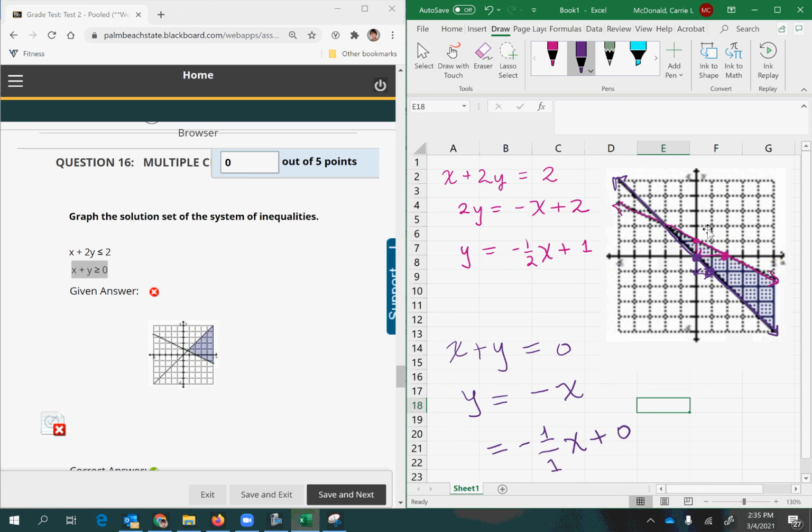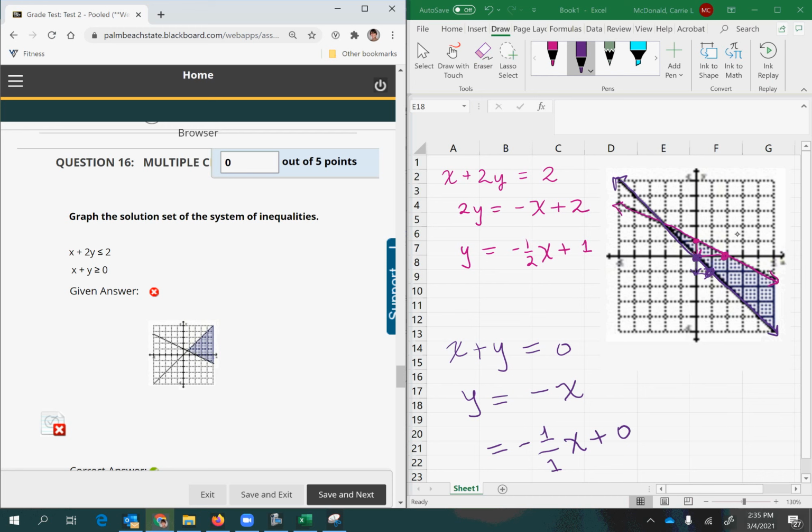Then to choose where to shade. Remember I showed you before that you can actually just solve for y, and whichever way the inequality symbol is facing will tell you where to shade, but you can also do a test point. So if we do a test point, I'm just going to pick any random point.